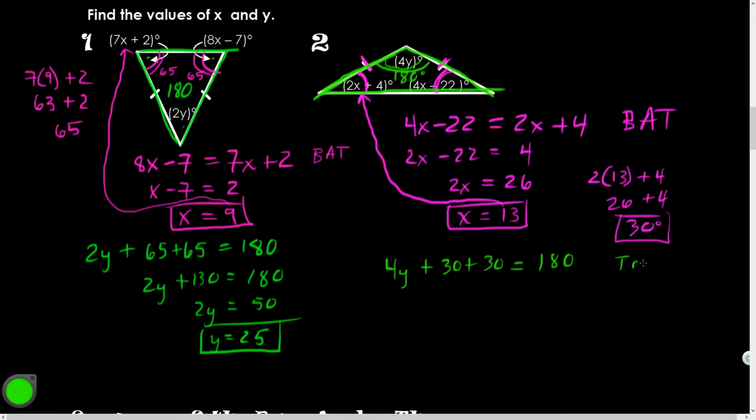These, by the way, are true by the triangle sum theorem. And add those 30s together is 60. Are you guys digging this? Working for us? Subtract 60 from both sides. 4y is equal to 120. And div 4, div 4. I think that's 30. I like it. I like it.